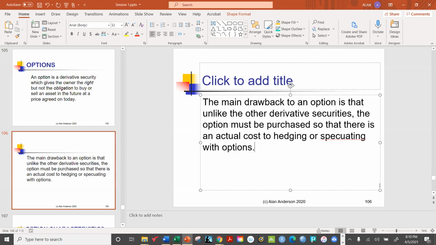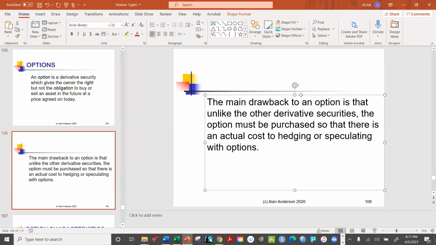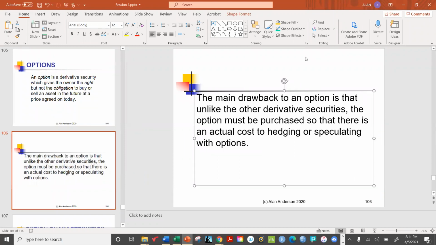Now you might wonder, well, what's going on with the others? Well, the forward contract has no cost at all. The swap has no cost at all. The futures contract has a margin requirement, but that's just collateral. It's not money that you're actually paying to buy the contract. It's just collateral. It's your money still. This is different. You actually have to pay for an option. And they can be very expensive.